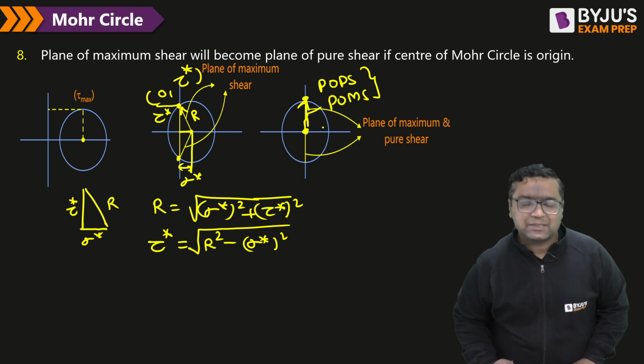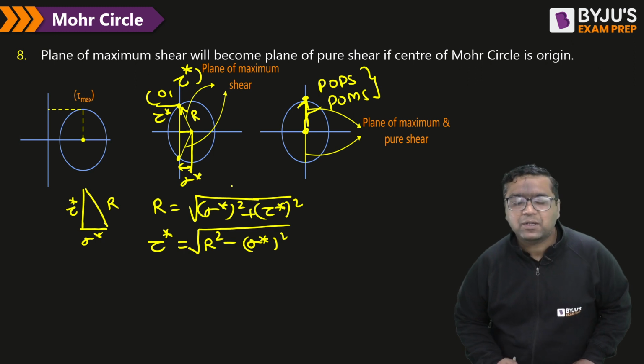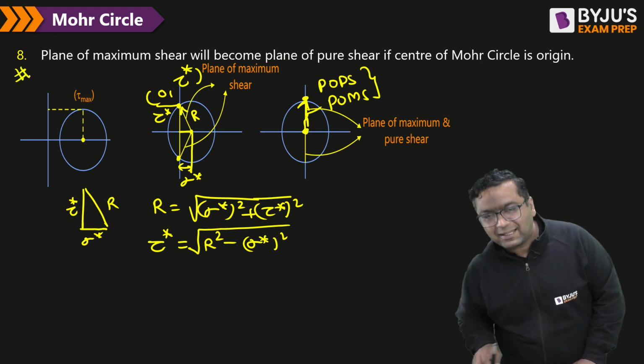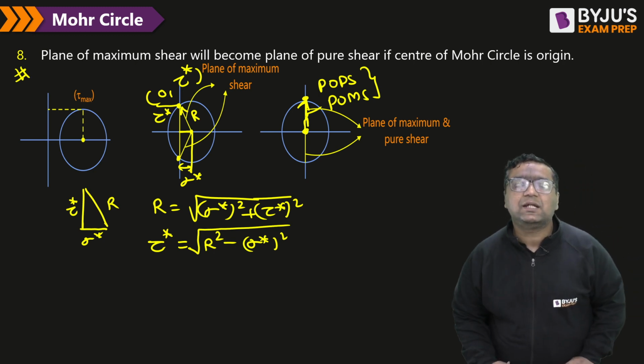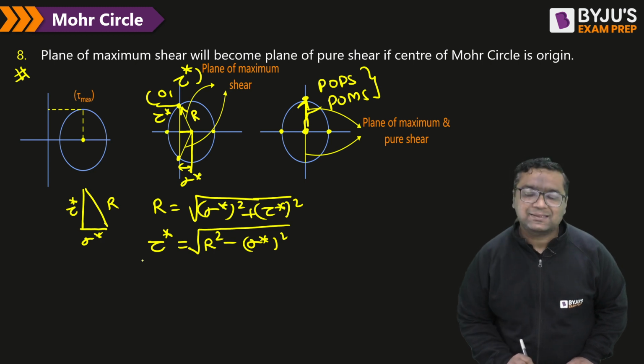They are coinciding here if the center of Mohr circle is coming at the origin. So this is the beauty. So I can give you one thing, that plane of pure shear exists when Mohr circle cuts the y-axis at 2 points, or when principal stresses are of opposite nature. Means one principal stress is tensile, other will be compressive. So guys, this is the beautiful concept.